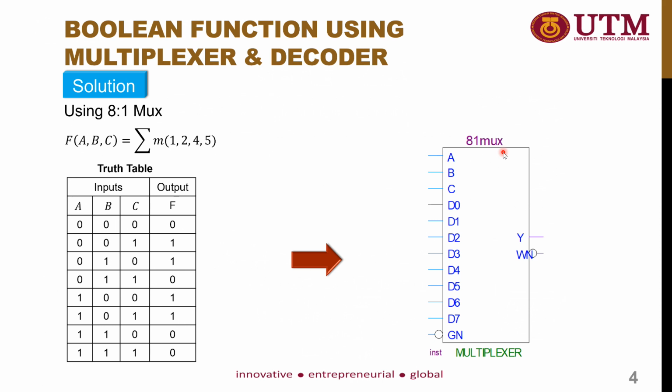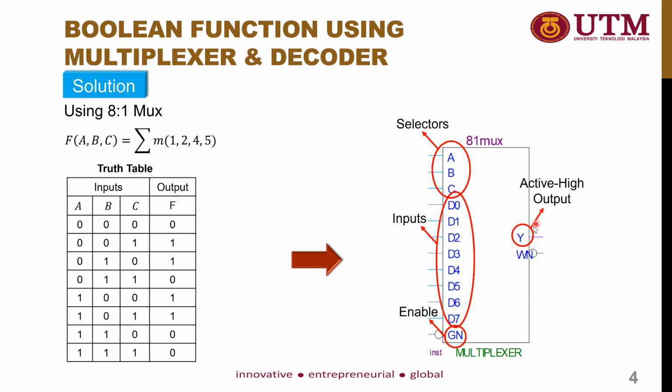In an 8 to 1 multiplexer, we have a total of 3 selectors, A, B, and C, and a total of 8 inputs which will be selected by the multiplexer, D0 until D7. In this example, we have an enable pin. It is an active low enable because it has a bubble at the pin. For the output, we have 2 types: the active high output, represented by Y, and the active low output, represented by Y-bar because it has a bubble.